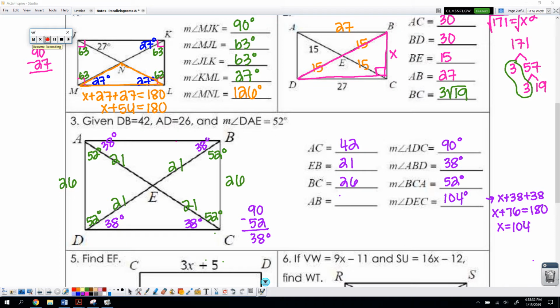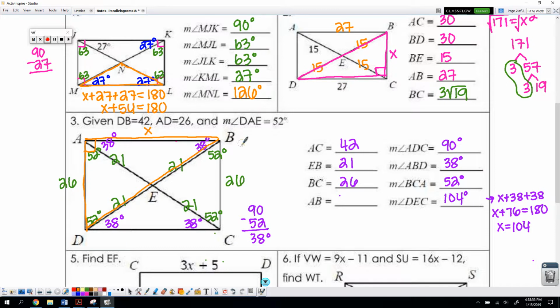Alright. Now the only thing that we're missing is, again, the part where we need AB. So AB is the part here. So again, we're going to need to do the Pythagorean theorem. This should not be new. We should know this. Okay? So AB is going to be our x, and it's a leg. So we have 42.